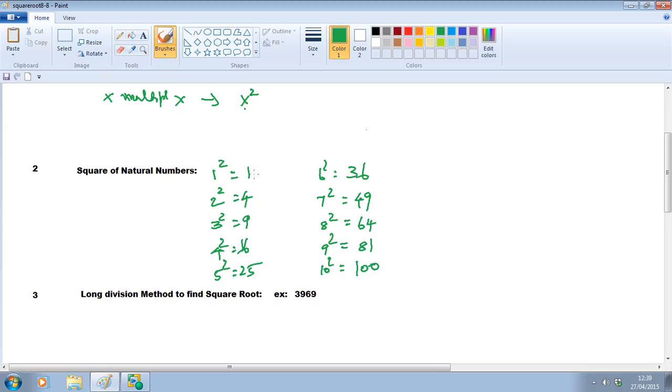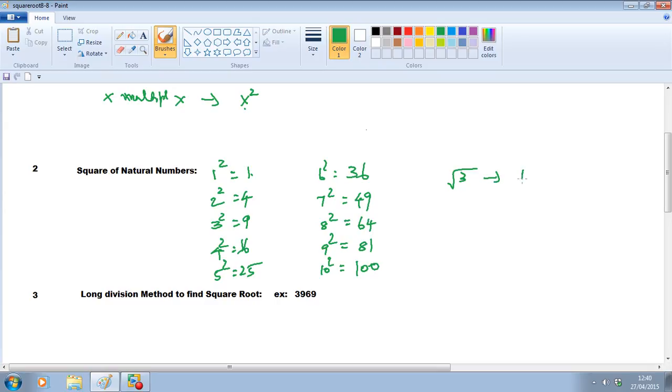Now when you take root of 36, you get 6. So what do you think about some number between 1 and 4? You take 3. What is root 3?